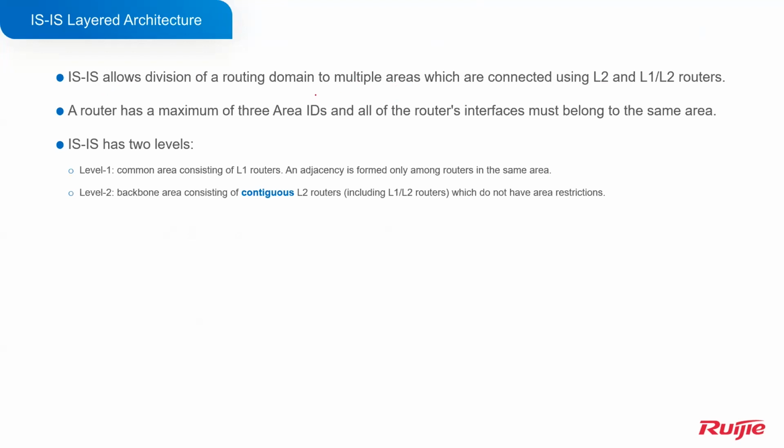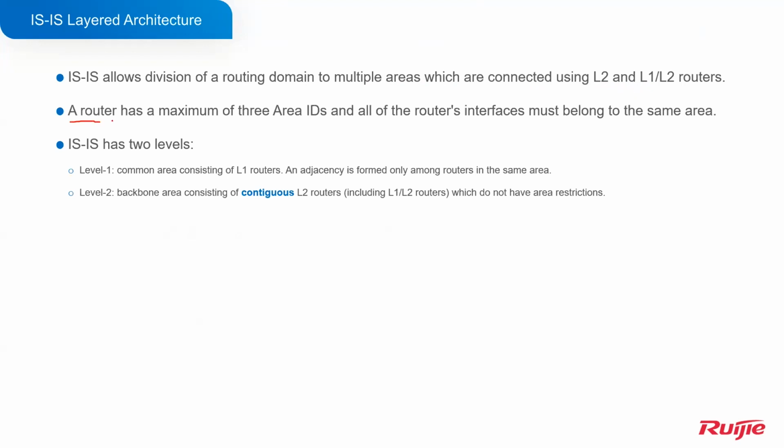And if we want to connect different areas, for example, in the topology we have area 1, 2, and area 10, how do we connect different areas? We will use some special routers. This router we call level 1 and level 2 router. So this is the router type. We have 3 router types: level 1, level 2, and level 1 and 2 router.